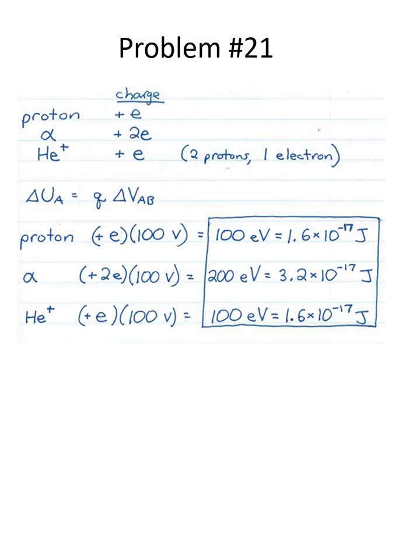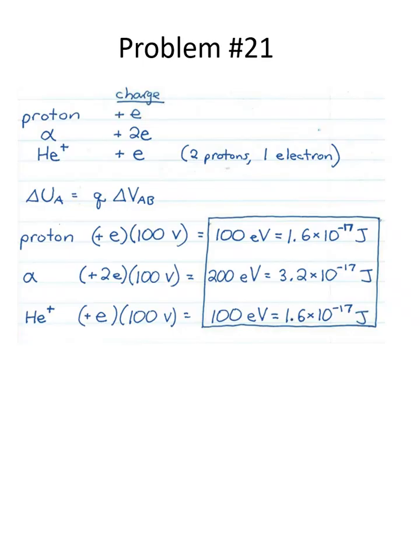And so for each of these, the question is asking how much energy does each gain? So we'll say that the change in potential energy is the charge times the voltage difference that it goes through. So for the proton, charge times 100 volts, and we get 100 electron volts.